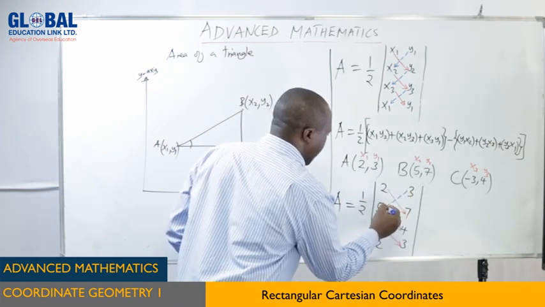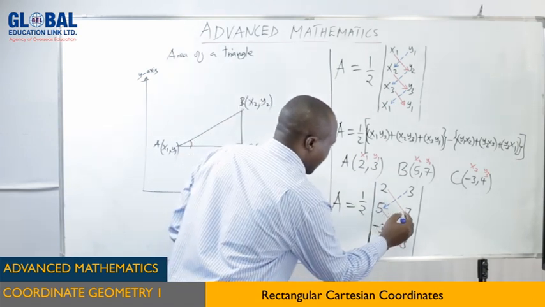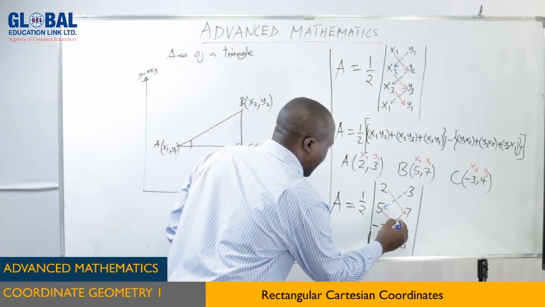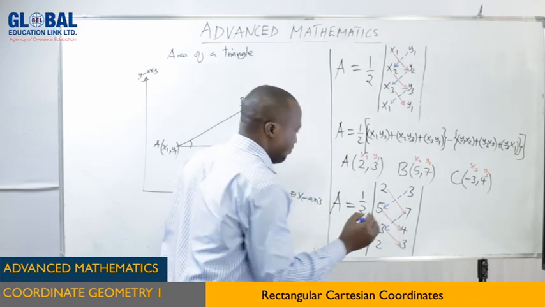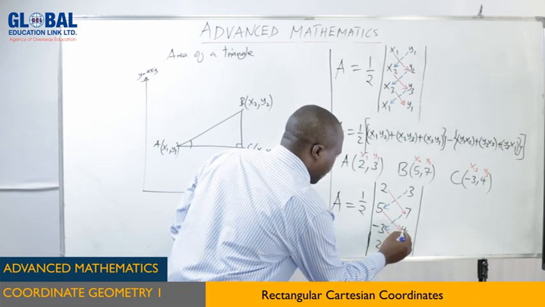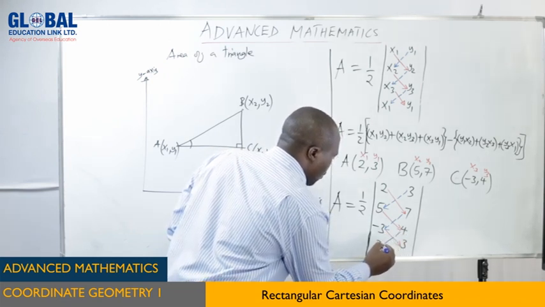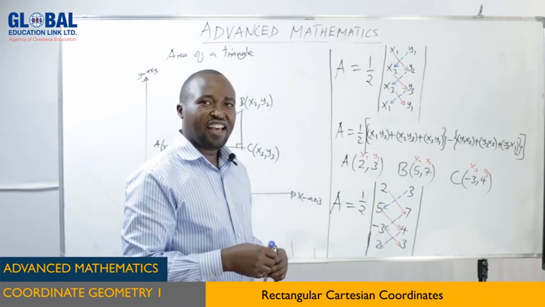Followed by, we have 7 and negative 3. The last one is 4 and 2.